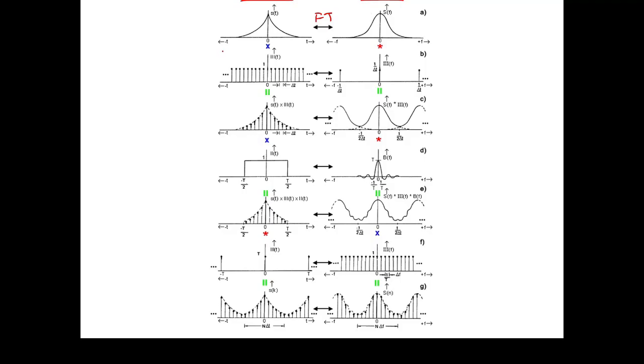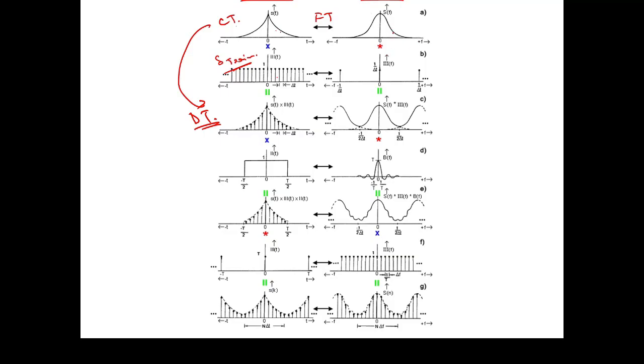Initially we have a continuous time signal, which has to be converted into a discrete time signal by the process of sampling. This is the impulse train. When you multiply these two, we convert the continuous time signal to a discrete time signal.